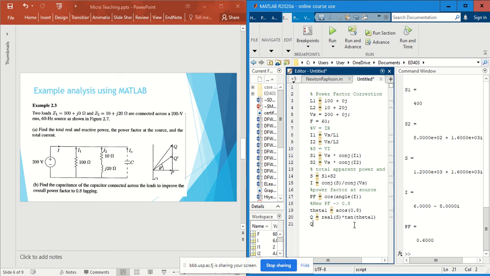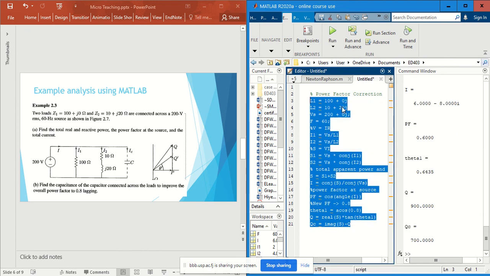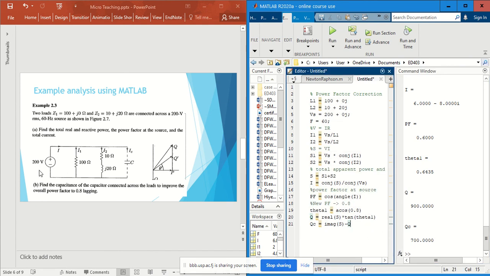So what is the reactive power needed to be consumed by the capacitor? We'll say imaginary of S minus Q that we have found here. Okay, so let's see what reactive power needs to be consumed by the capacitor. So 700 megavars of reactive power needs to be consumed by the capacitor.